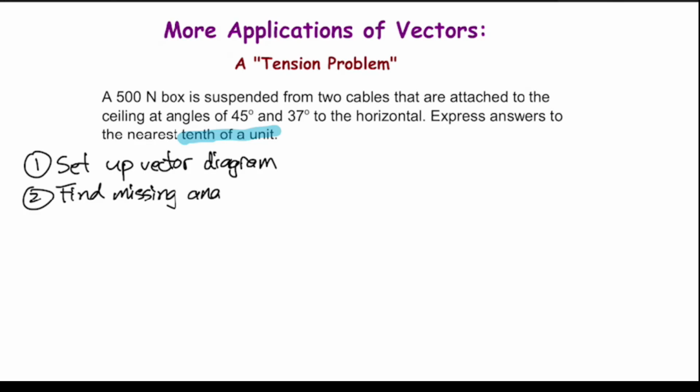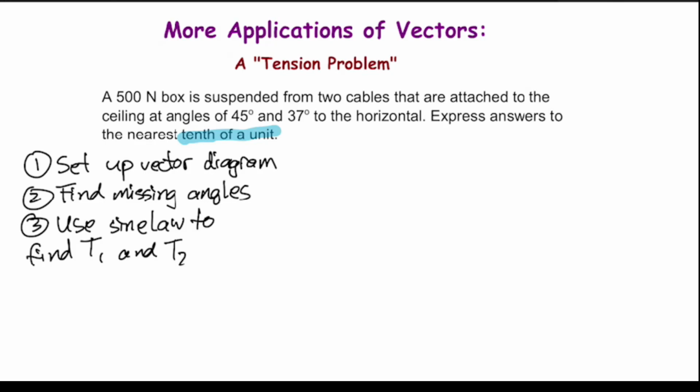And that's just basic trigonometry or geometry like you've done before since grade 9. And then in this case, we're going to be able to use sine law to find T1 and T2. So basically in this question, they're asking us how much force is each cable experiencing, or how much is each cable pulling up on the box against gravity.